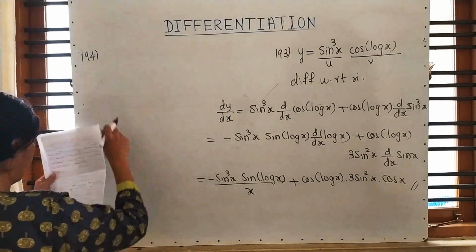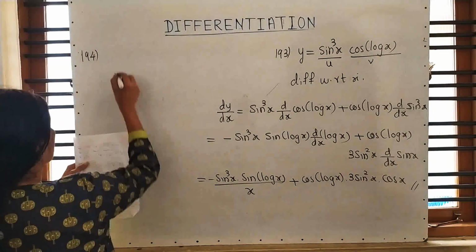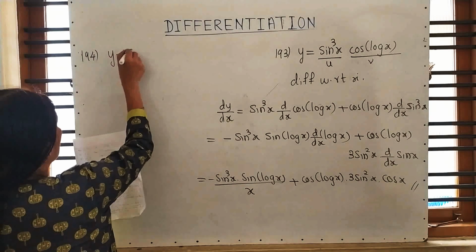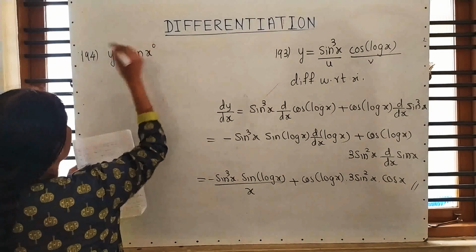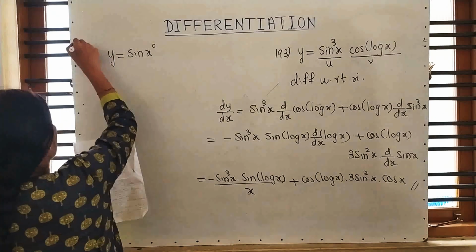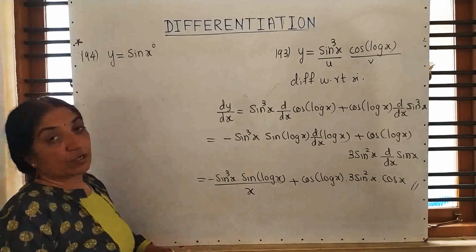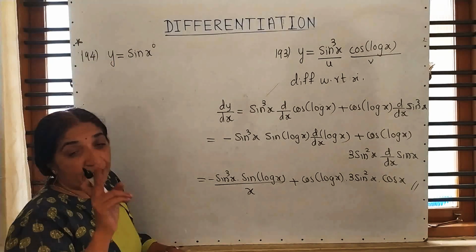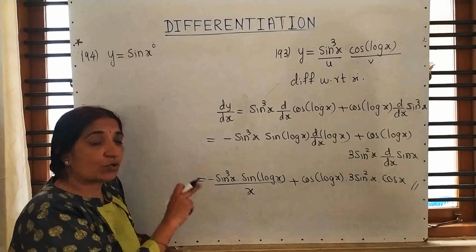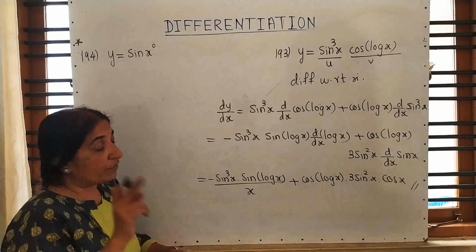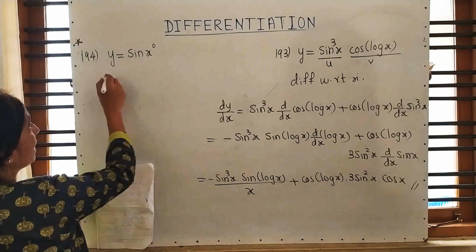This is the answer. 194. Y is equal to sin x degree. Remember, this is important, especially for competitive. We cannot differentiate if it is a degree because we have to convert. You are already familiar. We have to convert this in the form of radian.